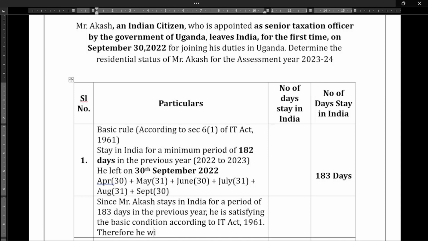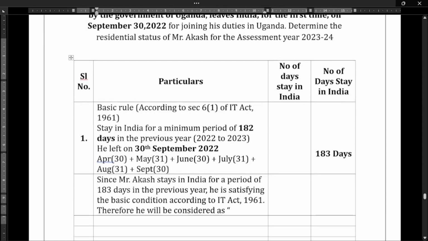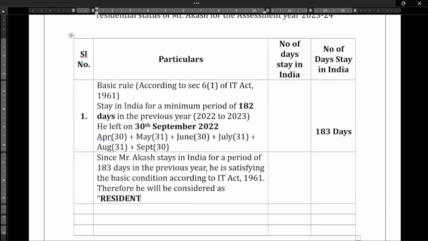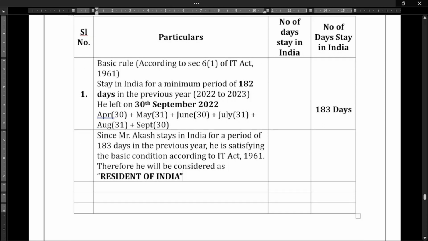Therefore, he will be considered as resident of India. Since he satisfies the basic rule, we consider him a resident of India.